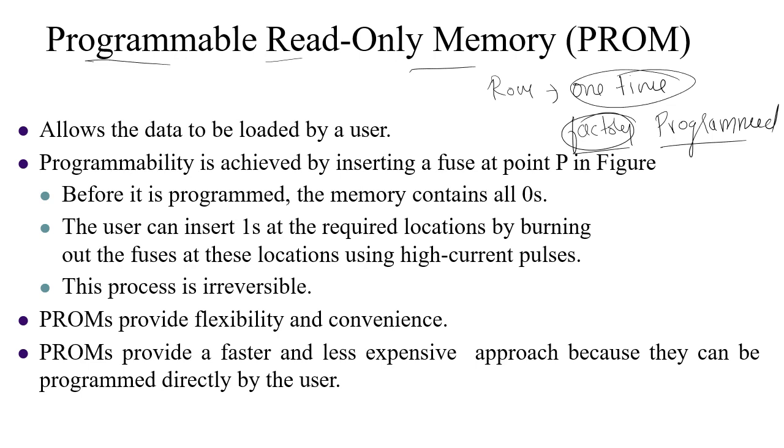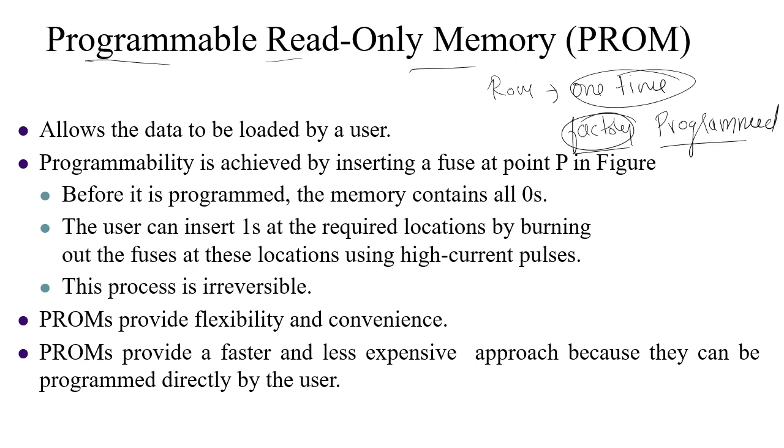So the programmability is achieved by inserting a fuse. In case of programmable read-only memory, in place of point P, you will have a fuse. Whereas in case of ROM, it is either burnt or open based on the data that has to be loaded in that particular memory.